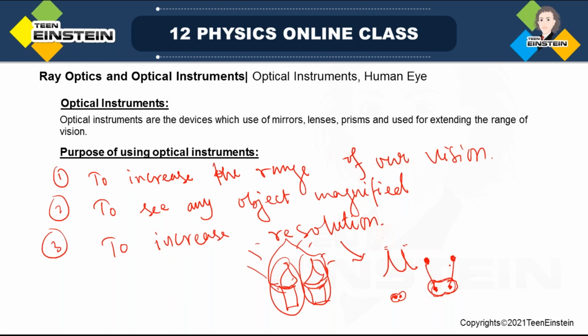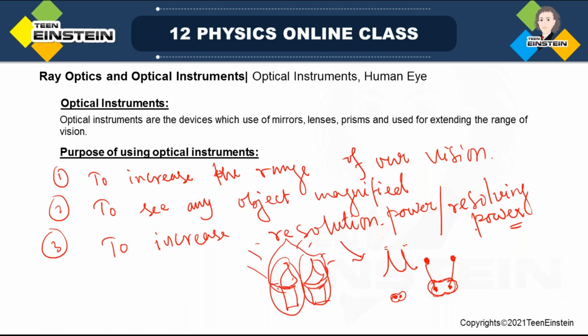So this is resolution, or resolving power: to separate out two very closely spaced objects and make us see them distinctly.